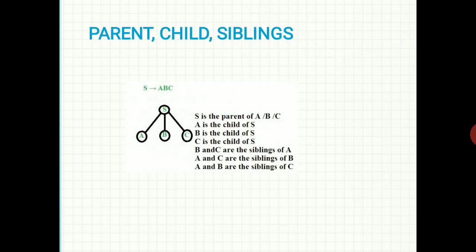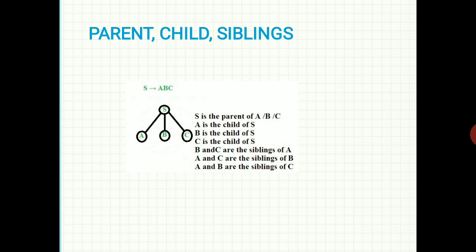Before going to the attributes in detail, we can discuss the parent-child-sibling relation in a parse tree. Consider the grammar S produces A B C. Here S, A, B, C all are non-terminals. The corresponding parse tree for the production is shown here.